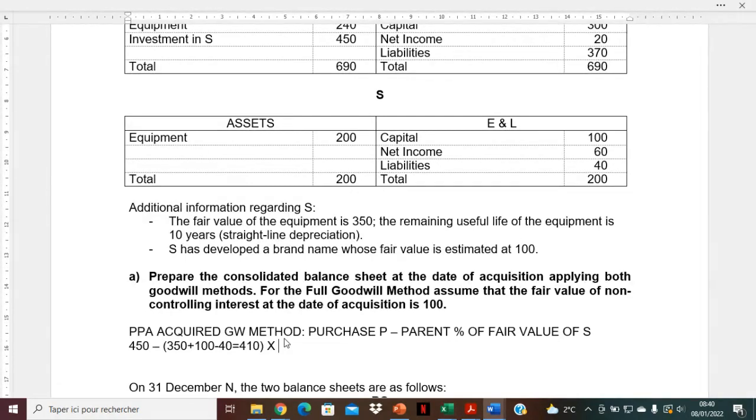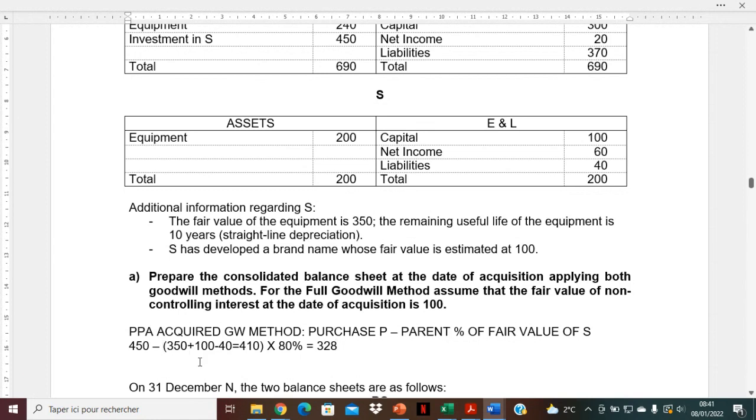But in this example, we buy only 80%, and that means I paid basically 450 to buy 80% of this fair value. So 80% of the fair value, I have to check my solutions because I don't know this by heart. So 80% of 410 equals 328.